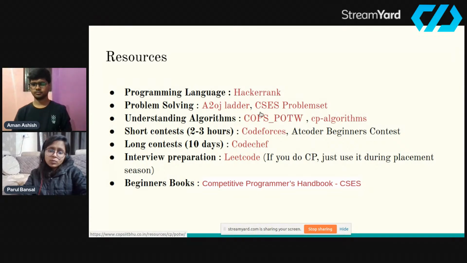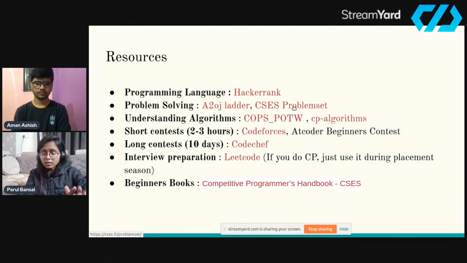Okay, so now let's say you are intermediate in programming and now you want to solve every type of question in a particular section, let's say string, from easy to the hardest one. So you can go with this CSES problem set.